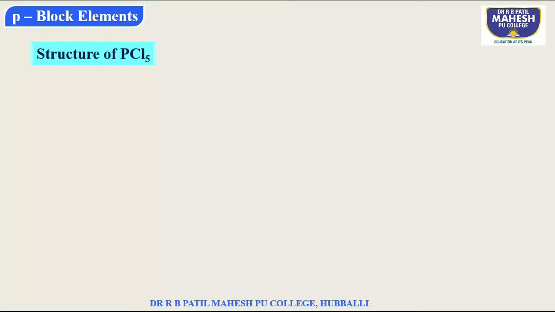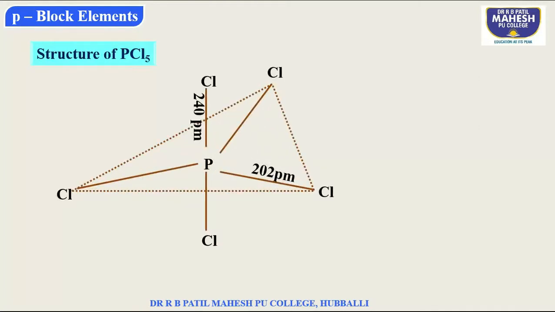Structure of PCl5. PCl5 has a trigonal bipyramidal structure with sp3d hybridization. Students, here you can see the axial bond length is more than that of the equatorial bond length.